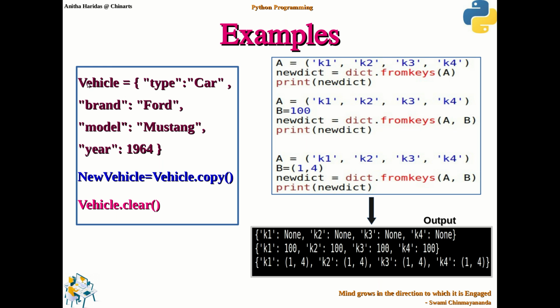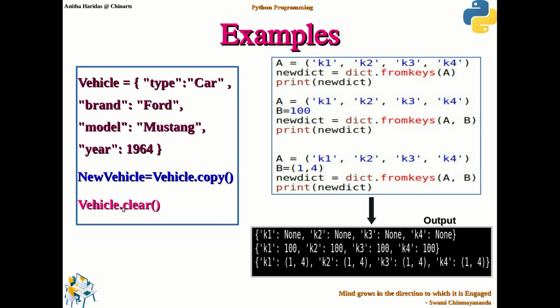So this is one dictionary we can declare. This is the key, value, key, value, key, value, key and value. The keys are type, brand, model, year. Values are car, Ford, Mustang and 1964.